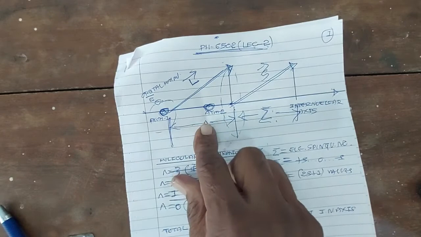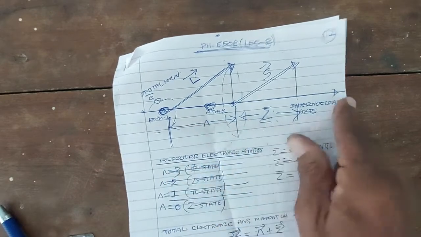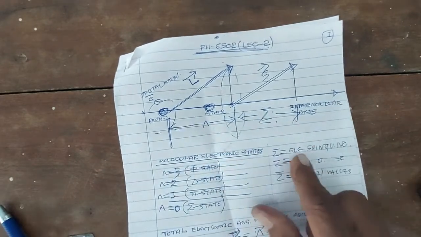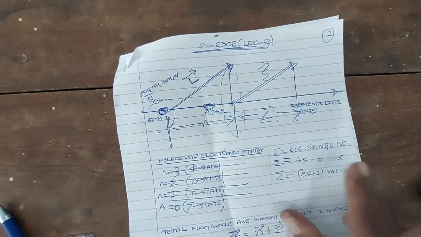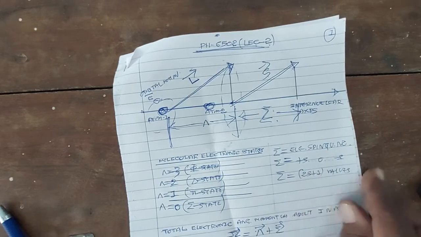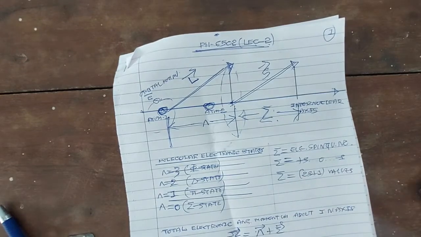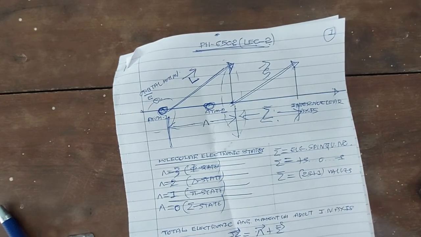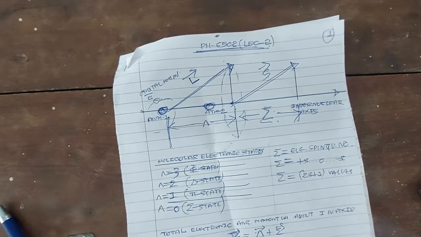So for a given value of lambda, the spin quantum number sigma has 2S plus 1 values from plus S to minus S. Then the total quantum number omega, which is the sum of lambda and sigma, also has 2S plus 1 values.